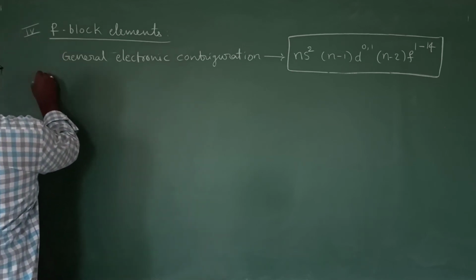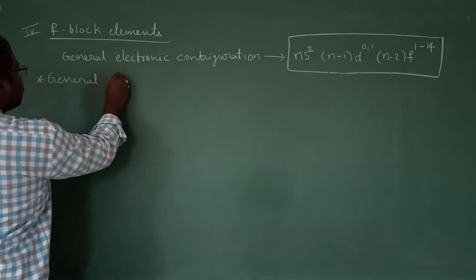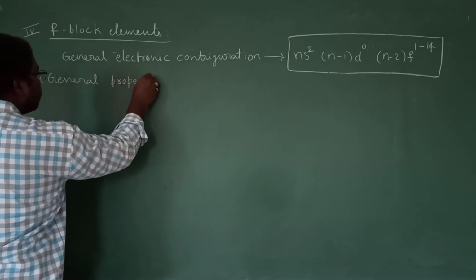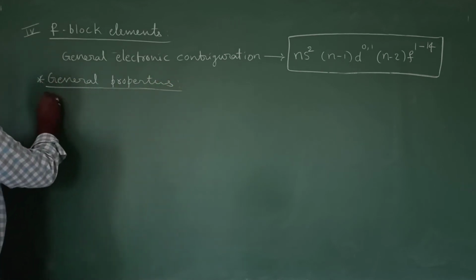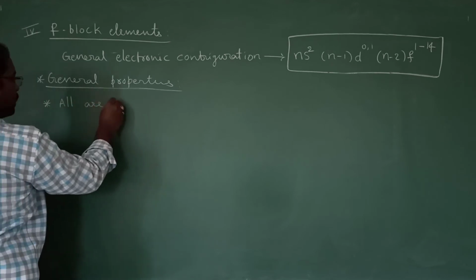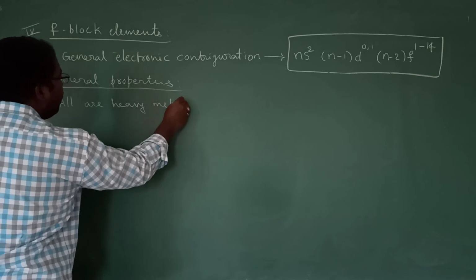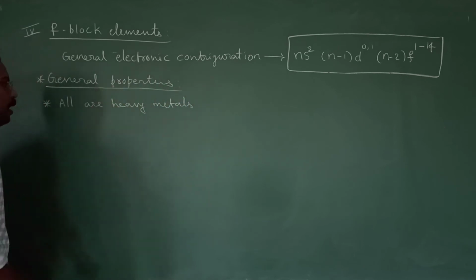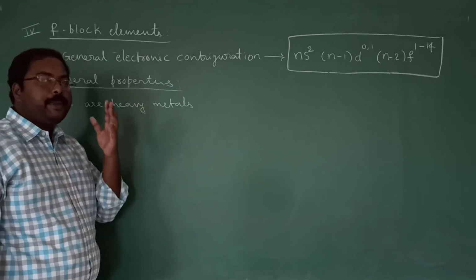Now let us discuss the general properties. One of the common properties: all are metals, and these are generally called heavy metals. Why do we use the word heavy? Because they have very high atomic mass.